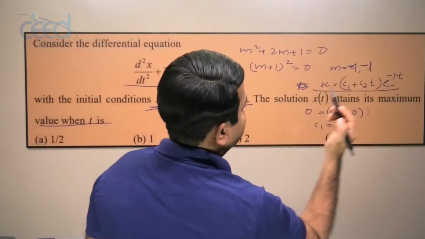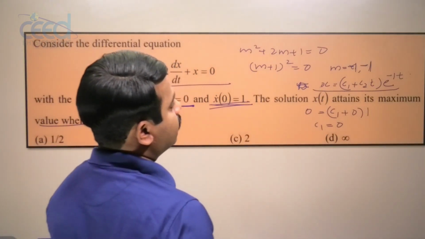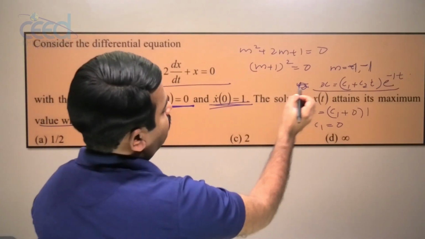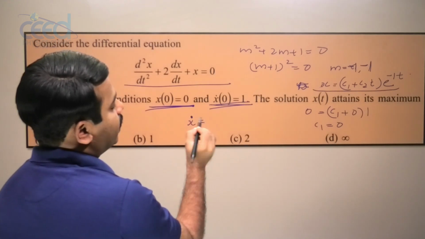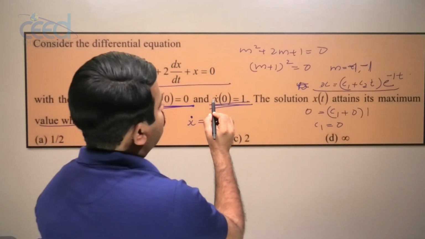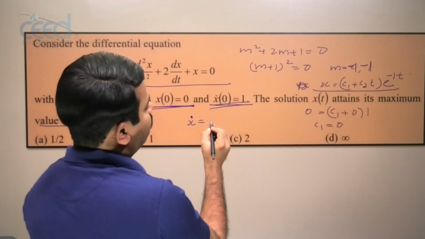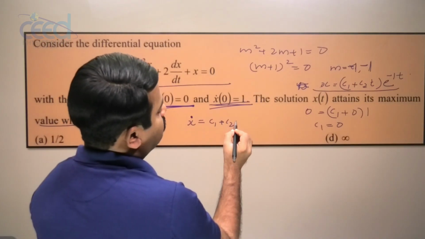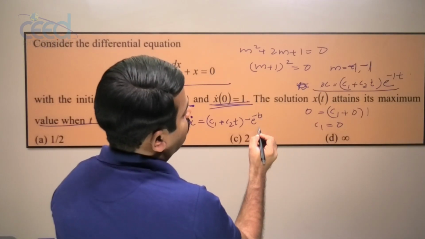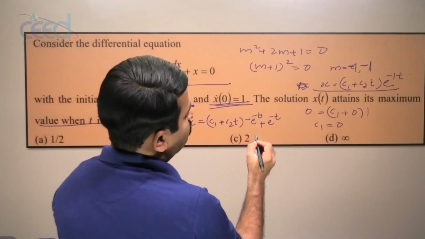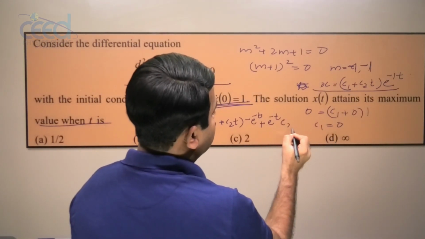Now x dot of 0 is 1. So differentiate this with respect to t. Find x dot first, that means the first derivative. By differentiating this you can apply the product rule: (c1 plus c2 t) first function into differential of second, that is minus e raised to minus t, plus second function into differential of first, which is c1 differentiating to 0, c2 into 1, then c2.